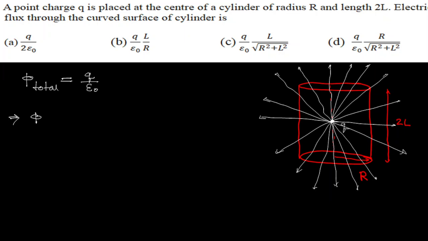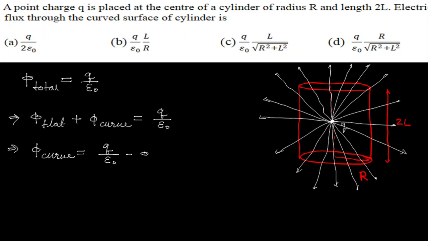So we can write flux through the flat surface plus flux through the curved surface is equal to Q by epsilon naught. Now we have to calculate flux through the curved surface, so it will be Q by epsilon naught minus flux through the flat surface.